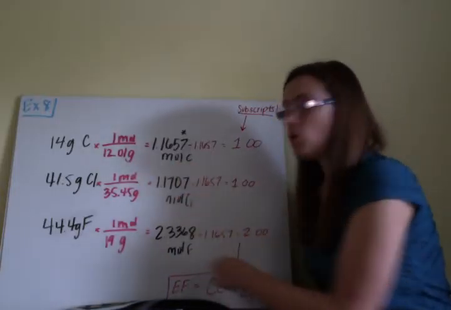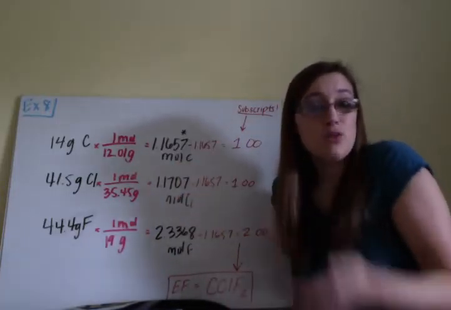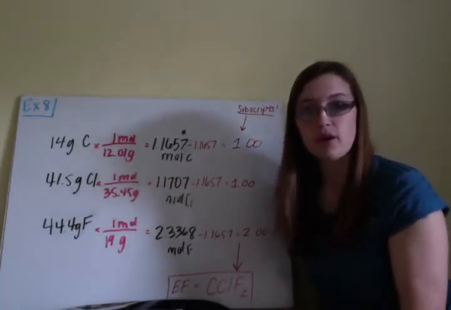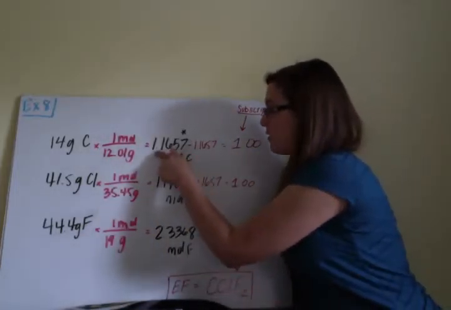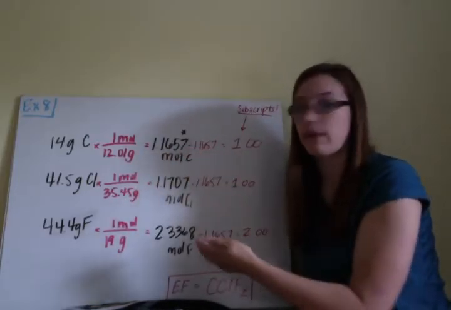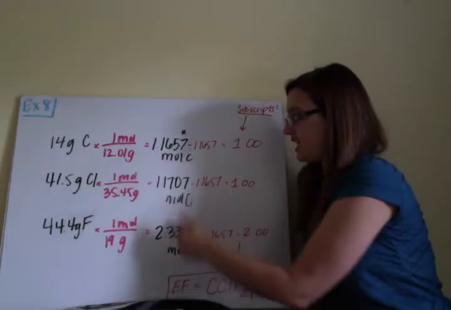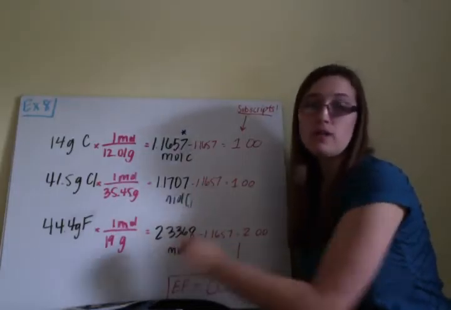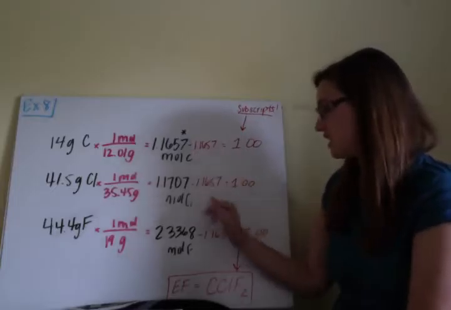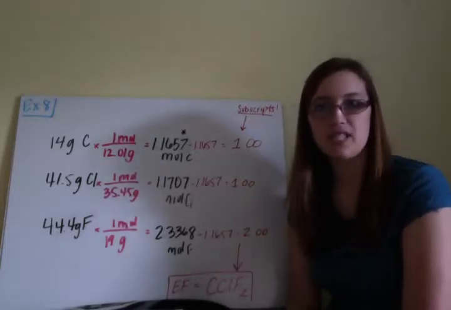Okay, so we have our moles now. Now, once we have our moles, we need to figure out what's the ratio of these moles. So to find the ratio, you divide by the smallest number. Okay, so this top number, my moles of carbon, that's my smallest number. So what I'm going to do is divide each of these mole values by that smallest. Okay, and that's what I did right here. So I divided each one by 1.1657.